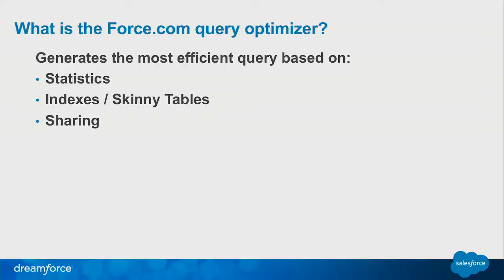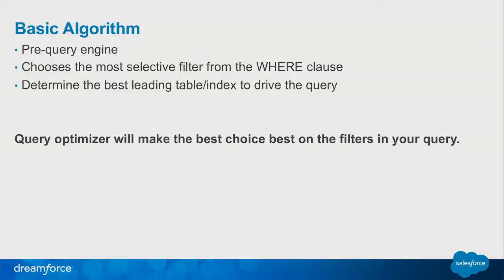So how does it work? Well, the optimizer does this by looking at pre-computed statistics. It looks at the indexes or skinny tables that are available, and user visibility through sharing is always involved. The basic algorithm is that the optimizer uses a pre-query engine to get statistics, and then it scans through your where clause and looks at each individual filter itself.